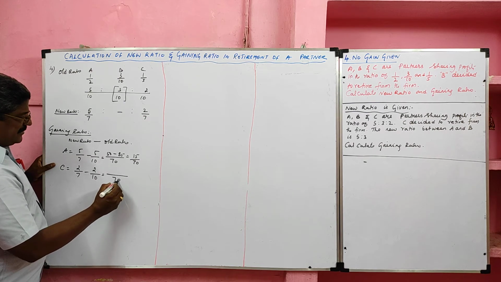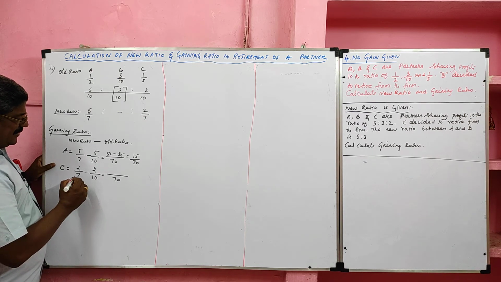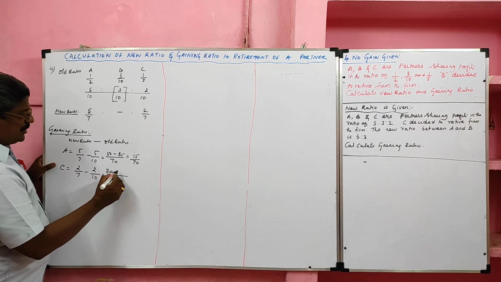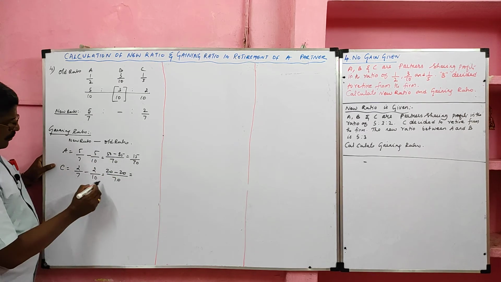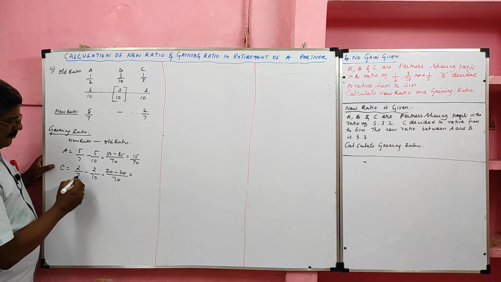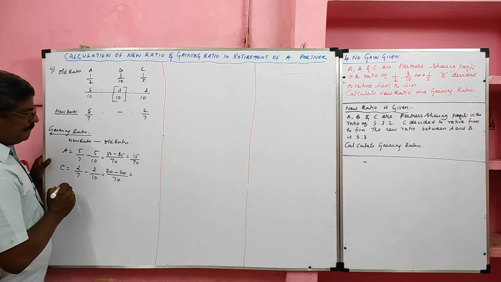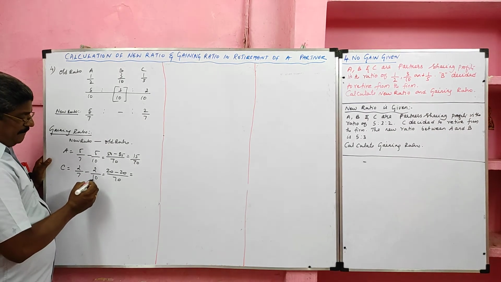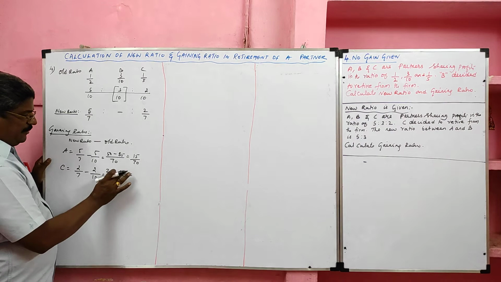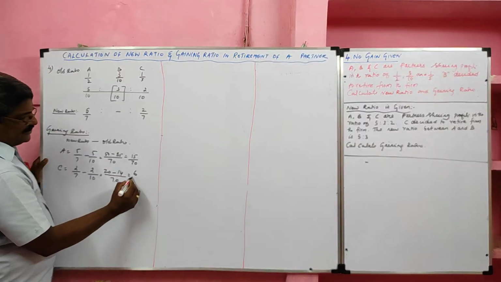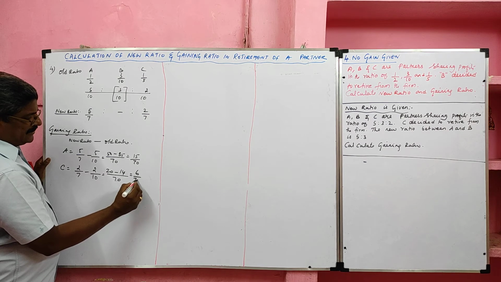70 divided by 7, 10, 10 2s are 20. 70 divided by 10, 7 2s are 14. So he gains 6 by 70.